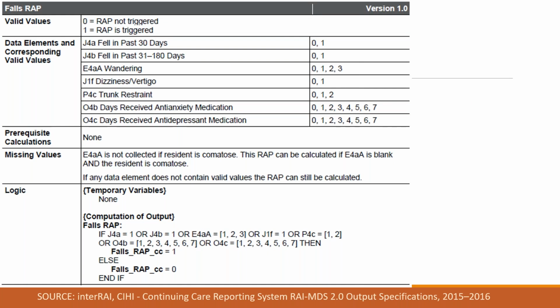You can see with the RAPS we're using wandering, dizziness, restraints, anti-anxiety, antidepressants, all factors that we know place a person at higher risk. A little bit unusual that dementia is not included here as a risk factor as well, but it's not in this particular case.